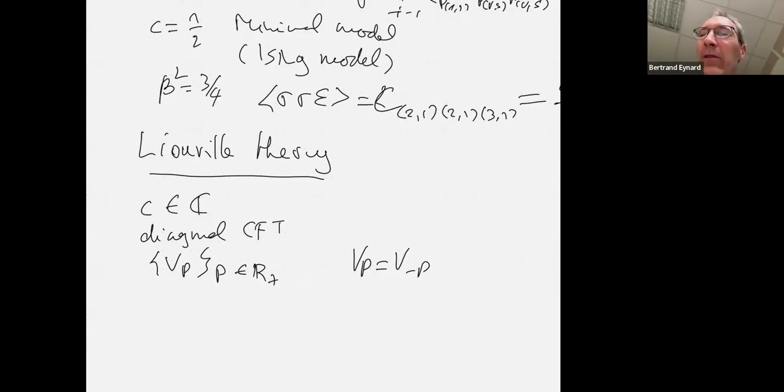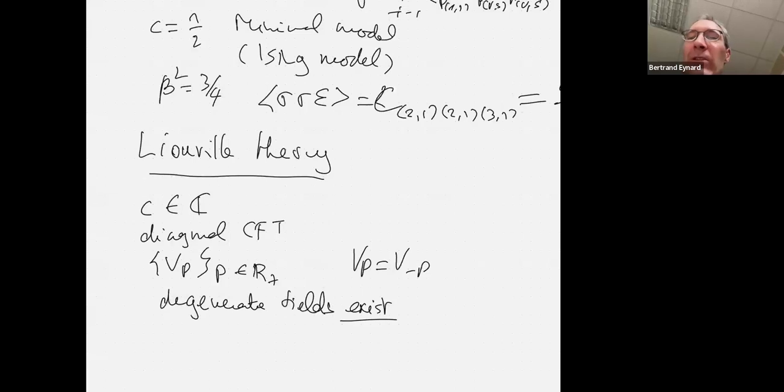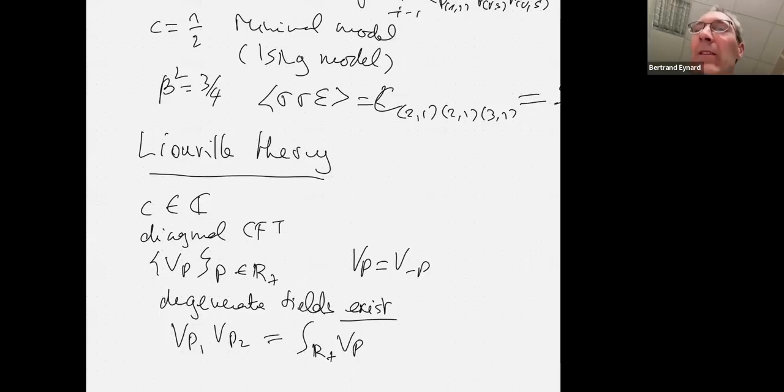But they are not part of the spectrum. Which means, if you want, that you can always compute a correlation function which involves degenerate fields. But if you do any OPE, like V_P1, V_P2, you will not find any degenerate fields. In fact, you will just find the integral. You will just find all the other fields, V_P, but you will not find any degenerate fields. So the theory is consistent without degenerate fields, but you can consistently add degenerate fields.